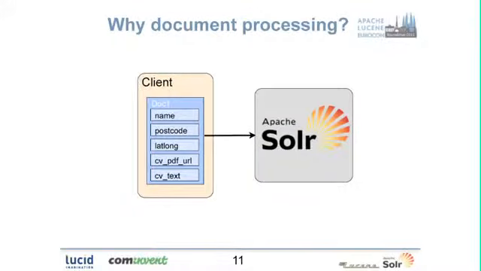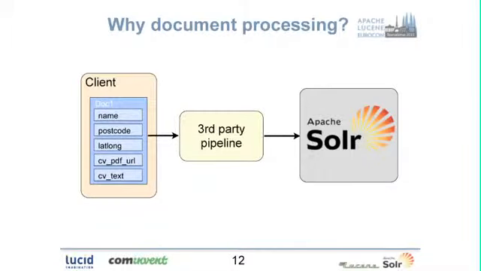So currently, what people do, you could do this on your client side, of course, before you send things to Solr. You could reach out and fetch all these missing pieces, and there's nothing wrong with that. You could put a third-party pipeline in between, and you can do whatever inside of there. There's nothing wrong with that either. It could be the best solution for some cases.